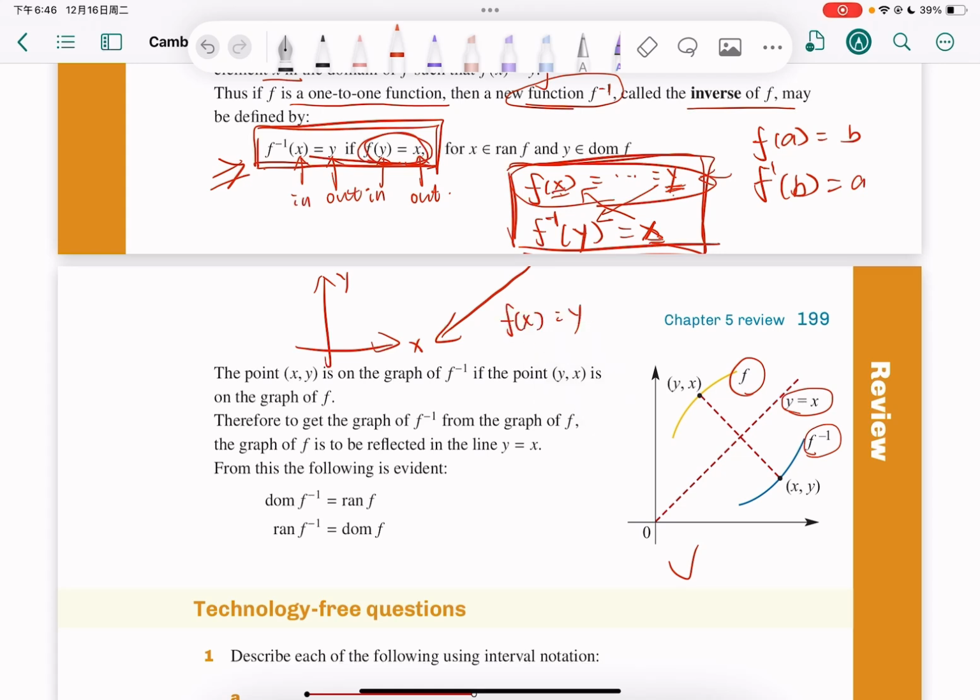So now x is still acting as an input. So on the x-axis, the horizontal axis, we have x. Then we have a function. The red curve is f(x) equal to y. Then by symmetry, the purple curve is f inverse.